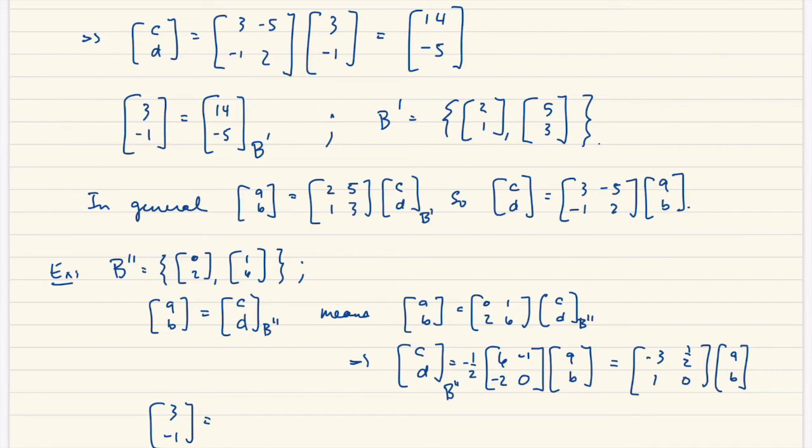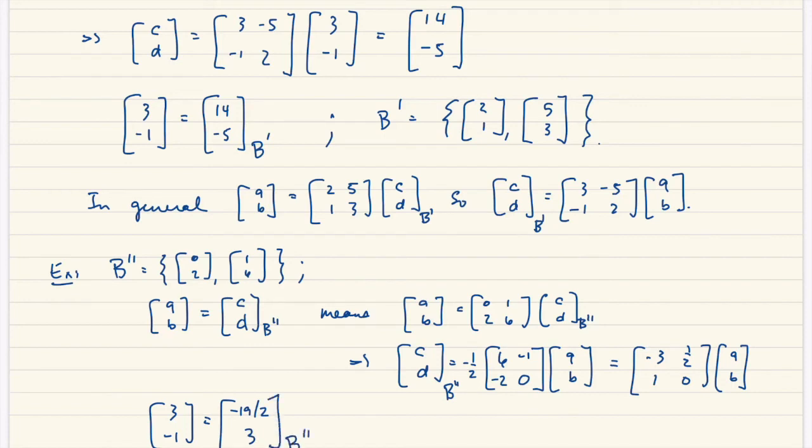I want to be consistent with my notation here. But if A was 3 and B was -1, then what we would get when we take this product would be -9 minus 1/2, so that's -19/2. And if A is 3 and B is -1, then we're going to get, let's see, 3 times 1 plus 0, so 3.